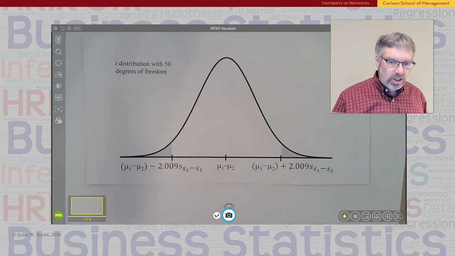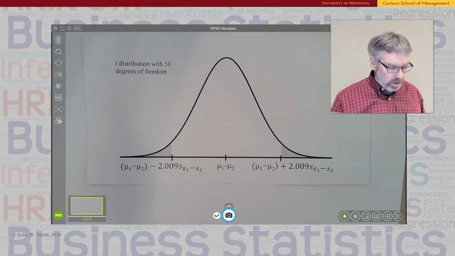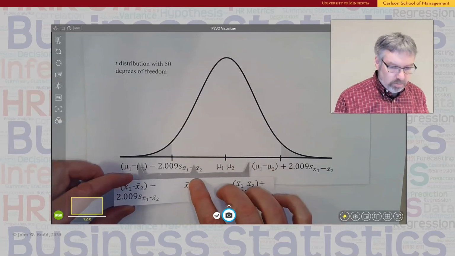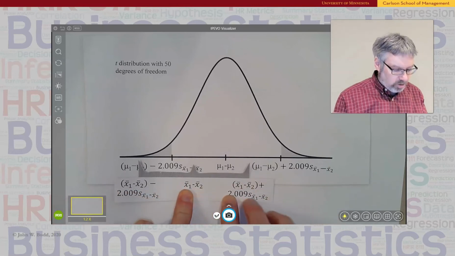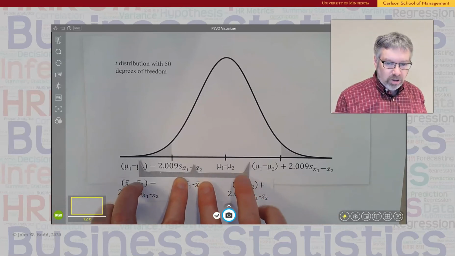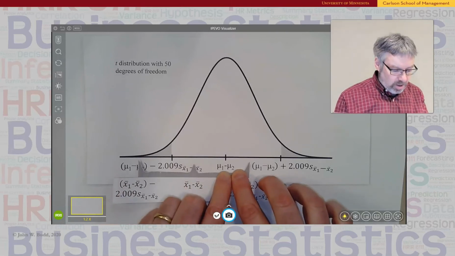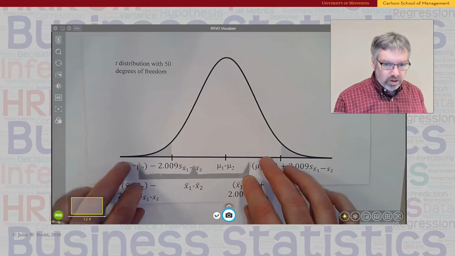Suppose instead we had gotten a different random sample from each population, and maybe we got a difference in means down here, something like this. And then we would construct our confidence interval by adding and subtracting our margin of error from our point estimate here. And notice that our true mean difference is within that interval.